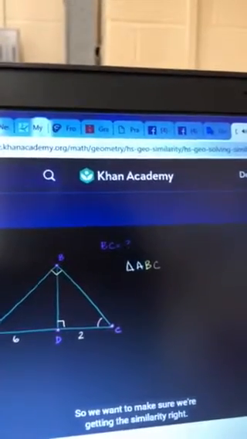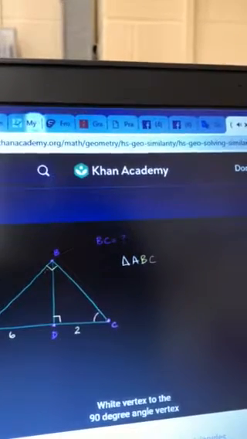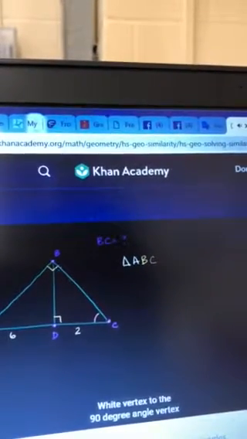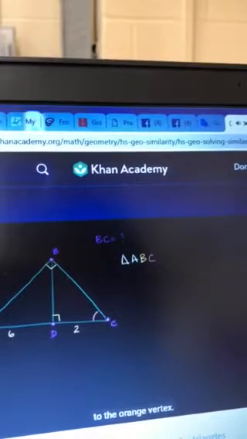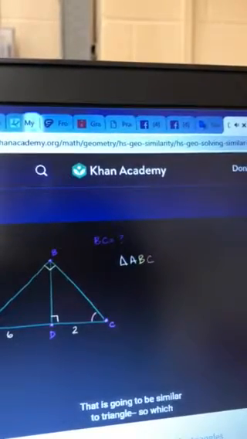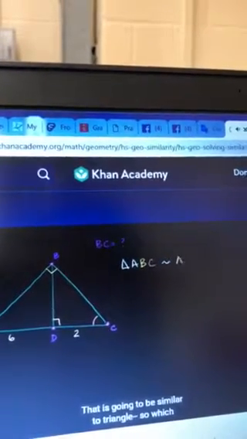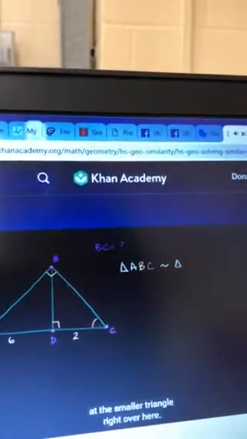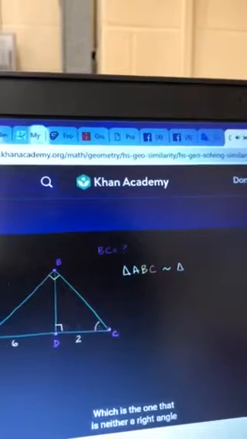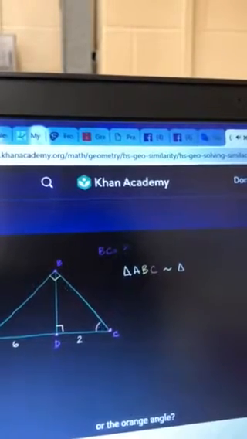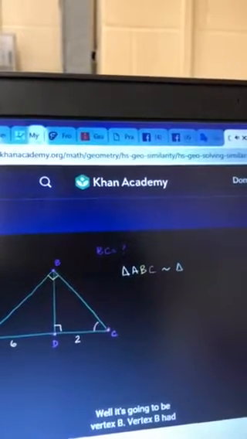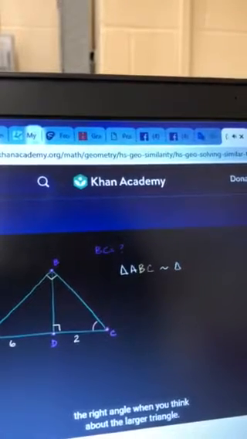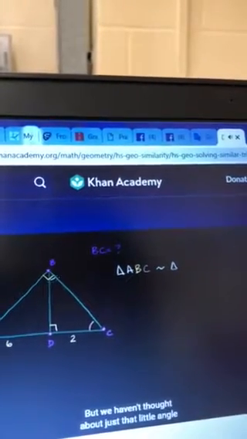So going with triangle ABC, that's the big one, they're naming the right angle in the middle, and they're naming that little angle C last. And then they're going to do the little one, BDC, because they're starting again, right angle in the middle, that's D, and little c last. Okay, let's see if he writes that.